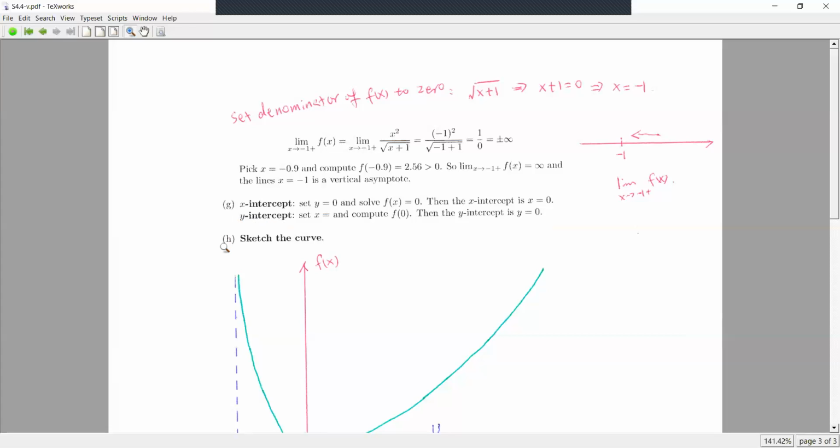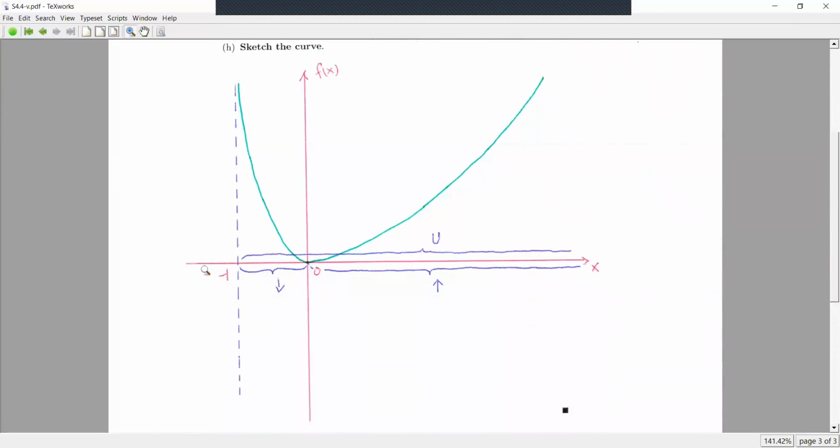Now the last step. After we have all the information, we are ready to sketch the graph. Draw an xy plane and mark down the information. From -1 to 0, the graph is decreasing, so mark it down. From 0 to infinity, the graph is increasing.